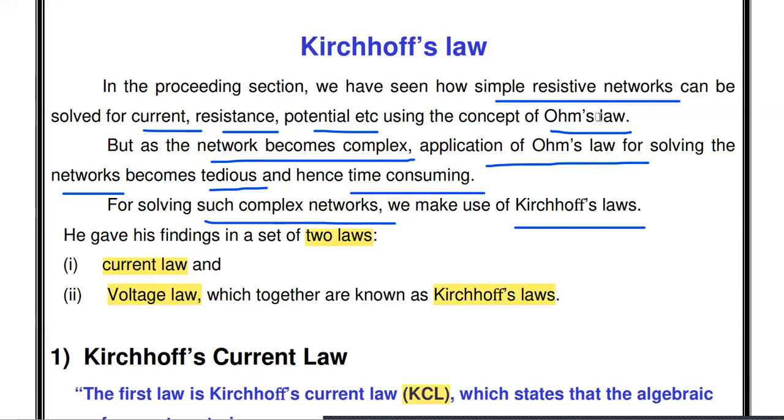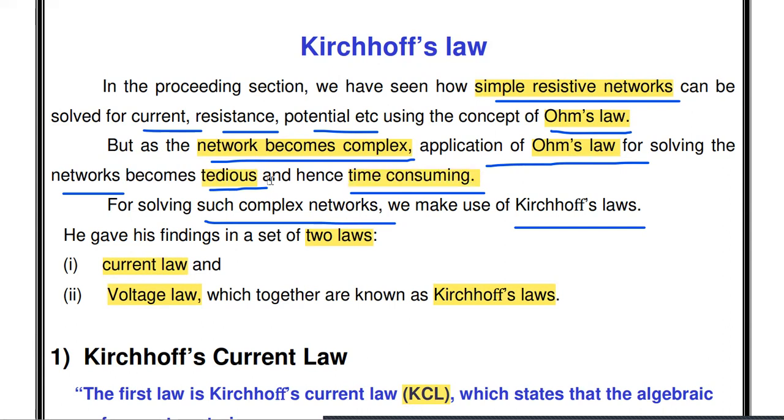Both Ohm's law and Kirchhoff's law can be applied to solve electric circuits. For a simple resistive circuit we can use Ohm's law, and the steps are very simple. But if the network becomes very complex, applying Ohm's law is a tedious and time consuming process.